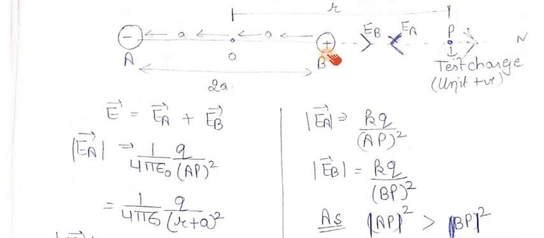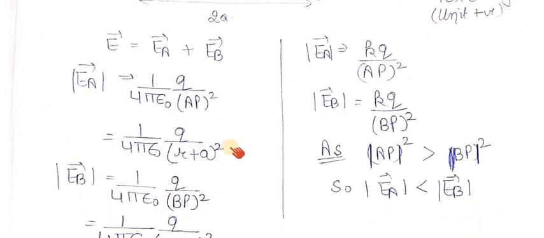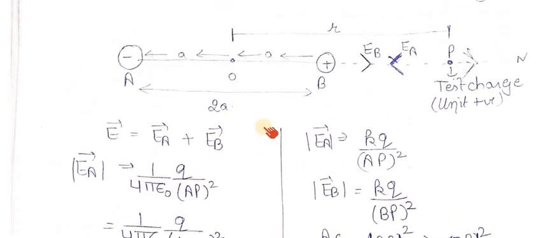Now kq by r square: the distance between charge A and point P is a plus r, so it becomes (a plus r) whole square, because up to O it is a, but we have to go to P, so from A to O is a and from O to P is r. Now the distance for charge B is BP.